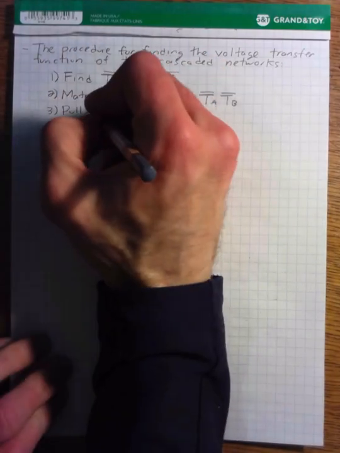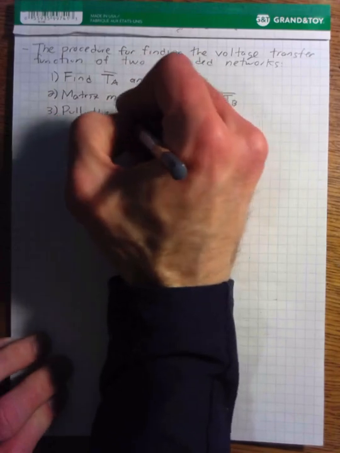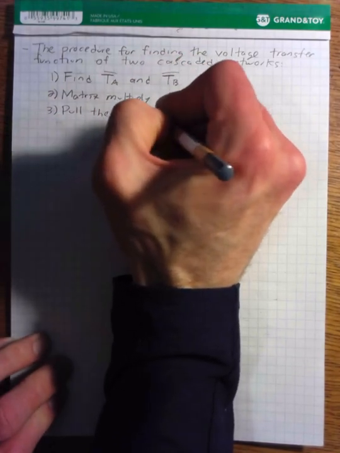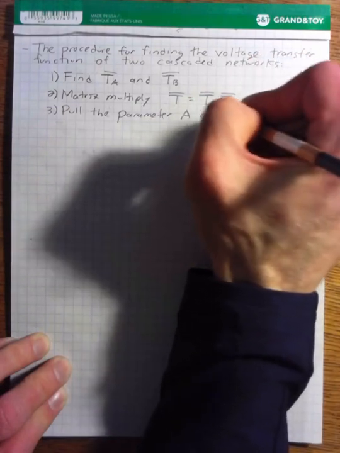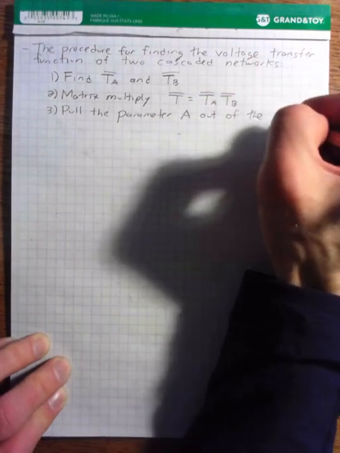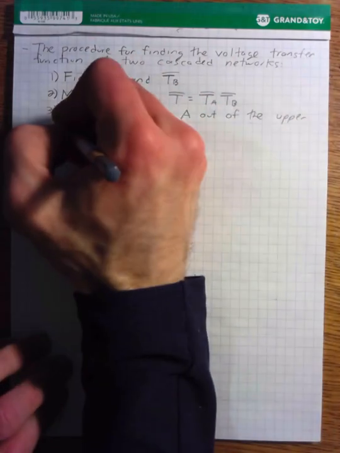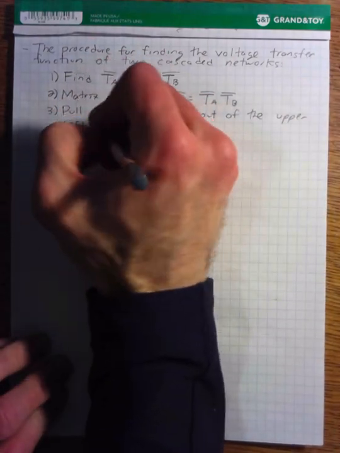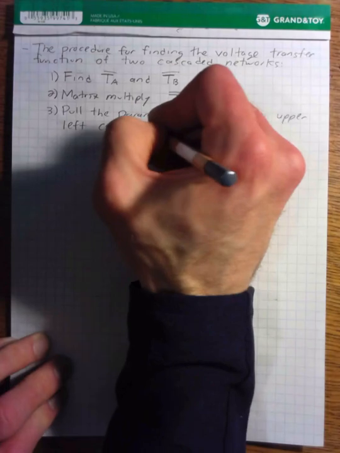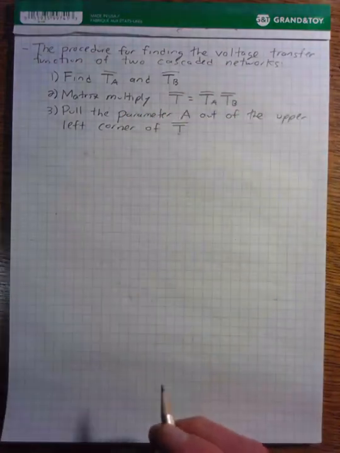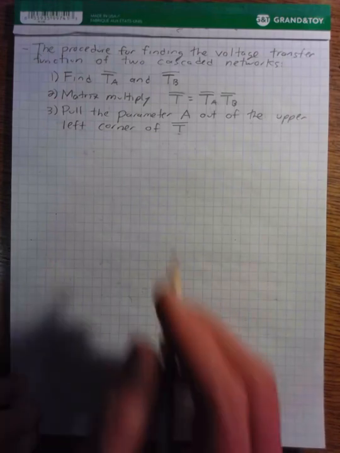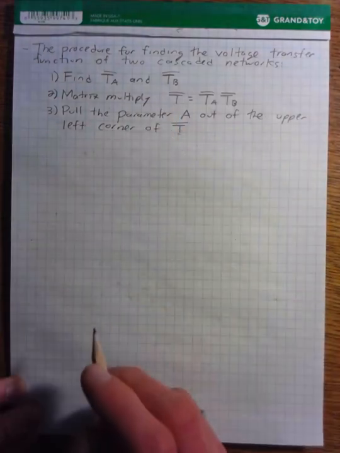We then pull the parameter A out of the upper left corner of this product matrix.